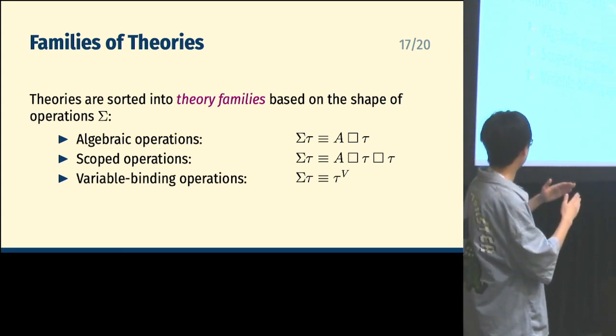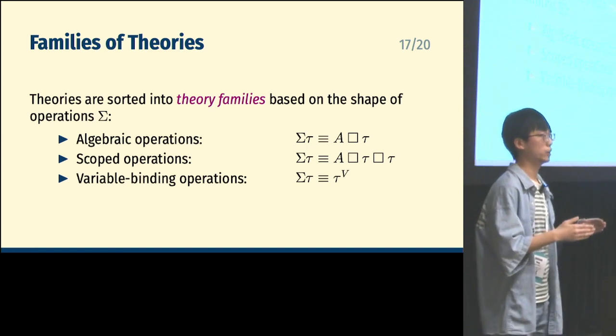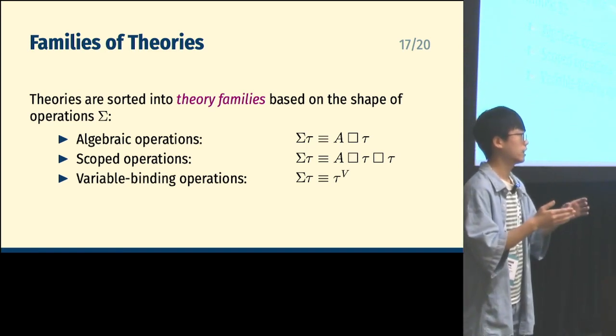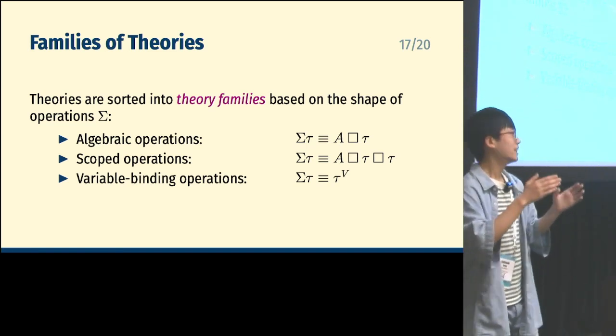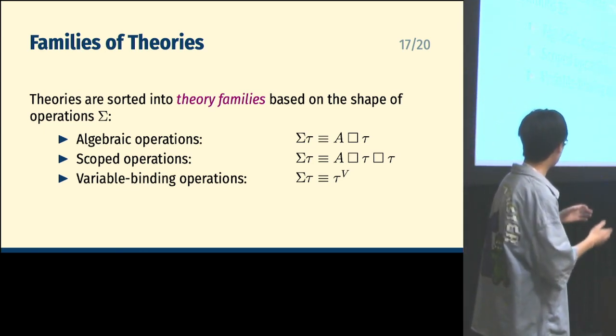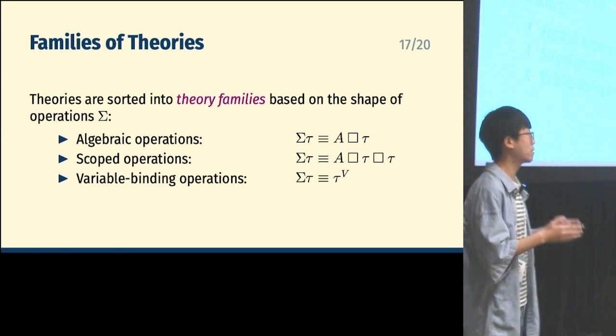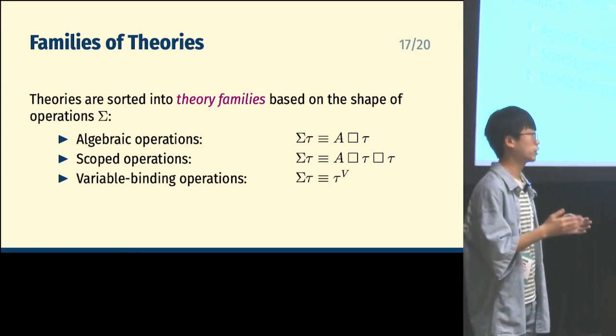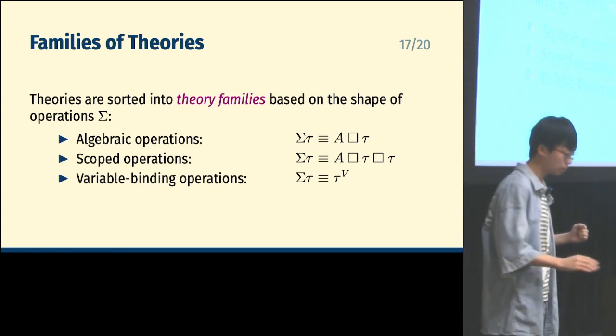And we have the theory family of scoped operations, which includes all the operations that delimit some scopes, just like exception catching. And we have the theory family for variable binding operations, which includes operations like lambda abstraction.